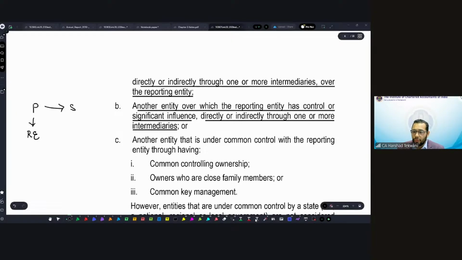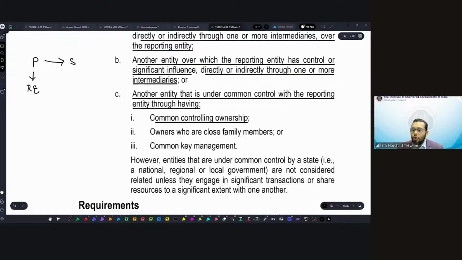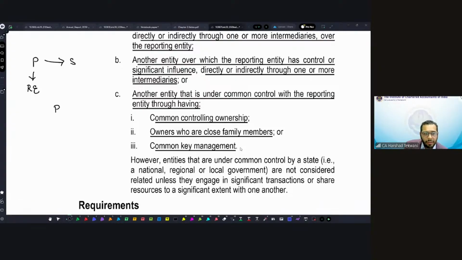In the third scenario, we are talking about another entity that is under common control with the reporting entity, through common control ownership, owners who are close family members, or common key management. That is a scenario where you have a parent, a subsidiary 1, and a subsidiary 2. They don't have control over each other.